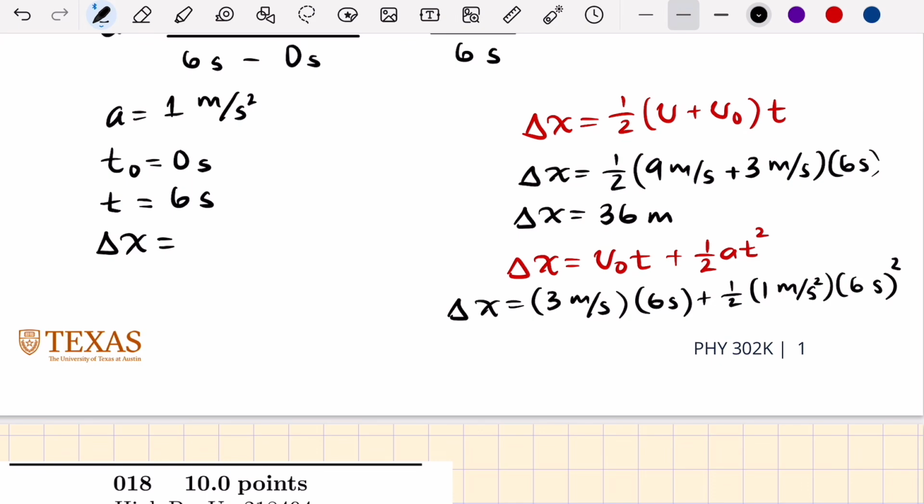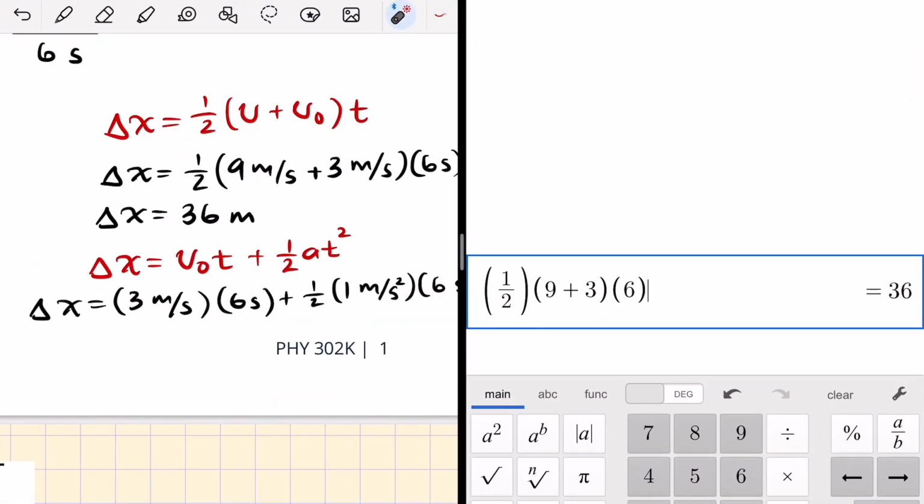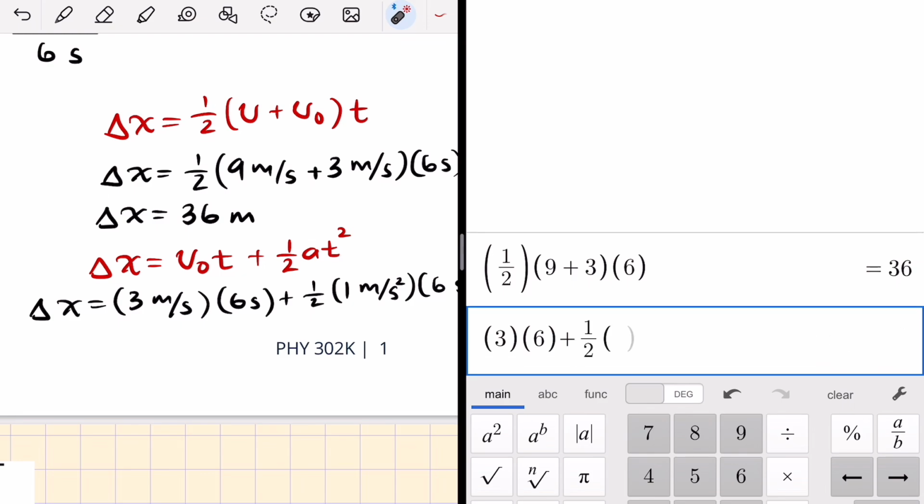When you plug in numbers, be careful with the squares, okay? So the square goes to the entire time, so that means it has to be outside the parentheses. Let me show you the implications when you do that on decimals. So we start with 3 times 6, that's in time, plus 1/2 times 1. Now it's not 1 squared. The square belongs to the seconds, not here.